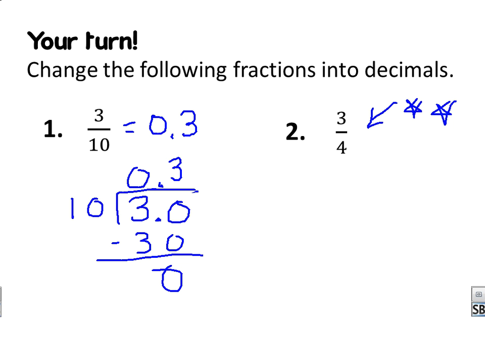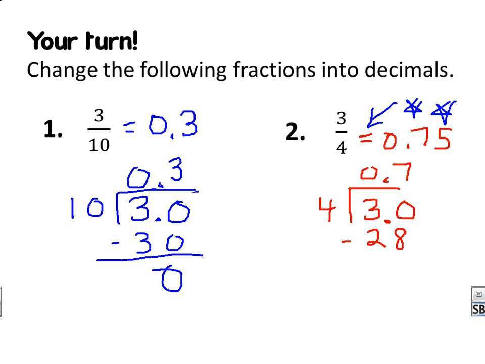How about 3/4? Hopefully you've memorized by now that 3/4 is the same thing as saying 75/100. But let me do the work just to prove it to you all. It's 3 divided by 4. 4 doesn't go into 3, but 4 does go into 30 how many times? 7 times. 28.